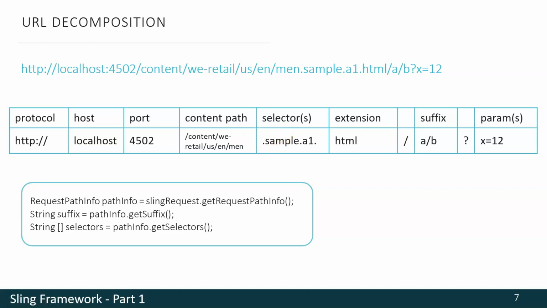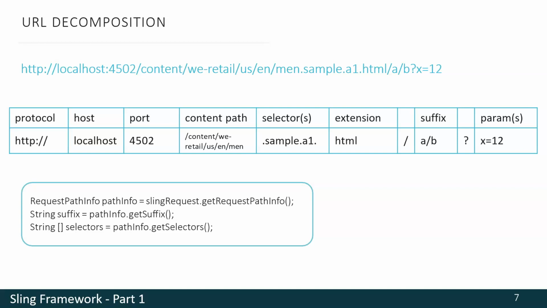They start after the path and last till the very last dot before the extension. After selectors, we typically have an extension: .html, JSON, XML, etc. Then the suffix /a/b and GET parameters at the end. Suffix and selectors are not required but are very important for the Sling framework.